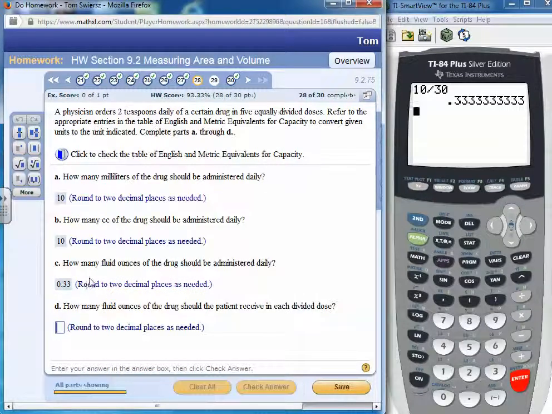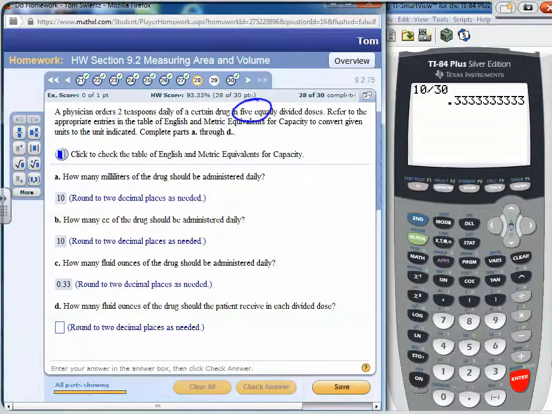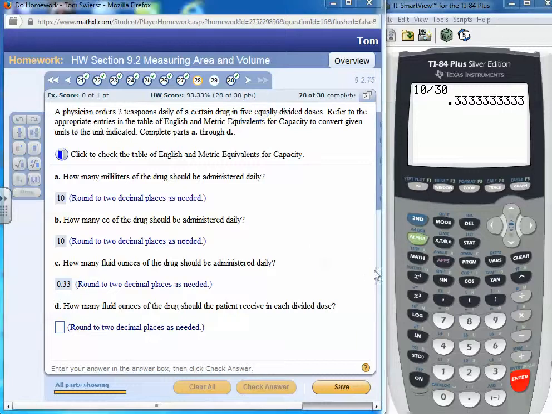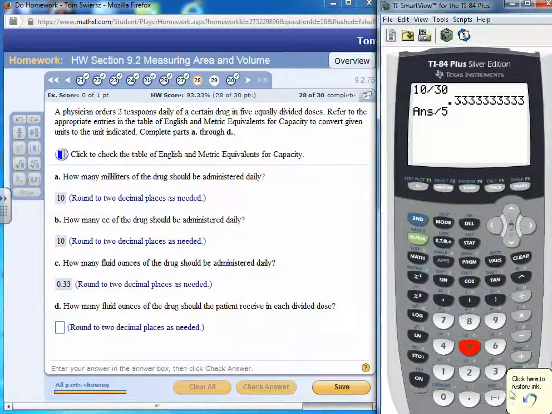fluid ounces. And then how many fluid ounces of the drug should the patient receive each dose? If you go back, remember, it's divided into 5 equal doses. So we'll simply take the amount of fluid ounces, 0.33, and divide by 5, because it's in 5 doses each day.